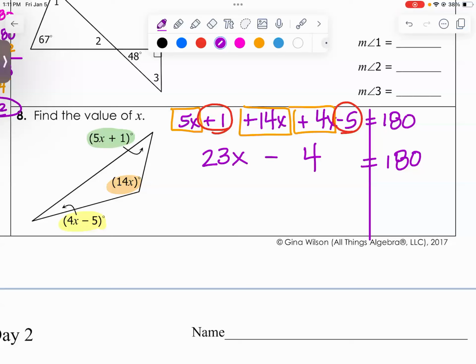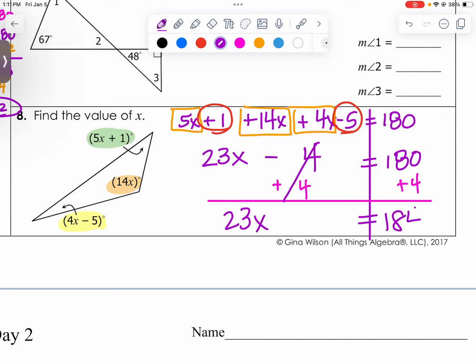Peyton, I've asked you a question. Okay. The inverse of subtraction is to add. Right. I need to pay attention. So now we have 23x equals 184.